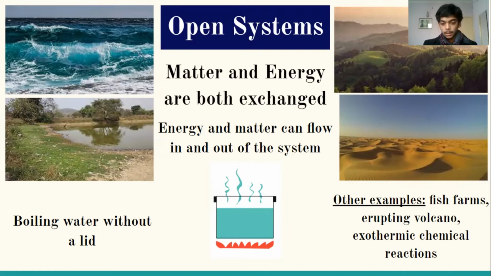So that is energy input and another energy output. So you see, that's how open systems work. There are no boundaries upon which you have to operate. You can input matter and energy into these systems, and that energy and matter can come out of the system without any restriction.